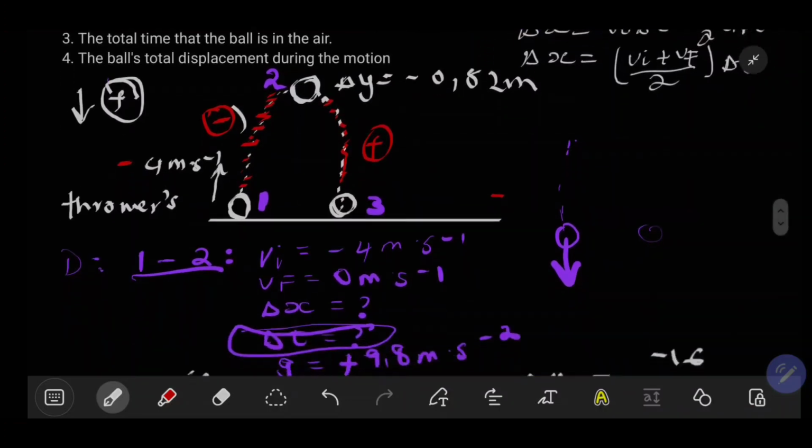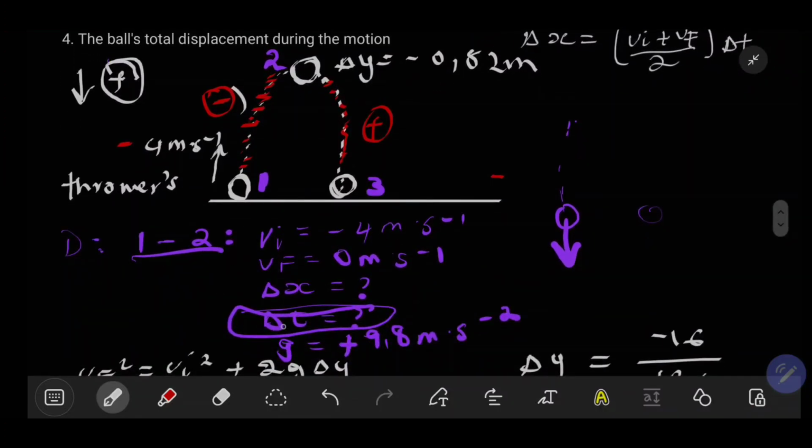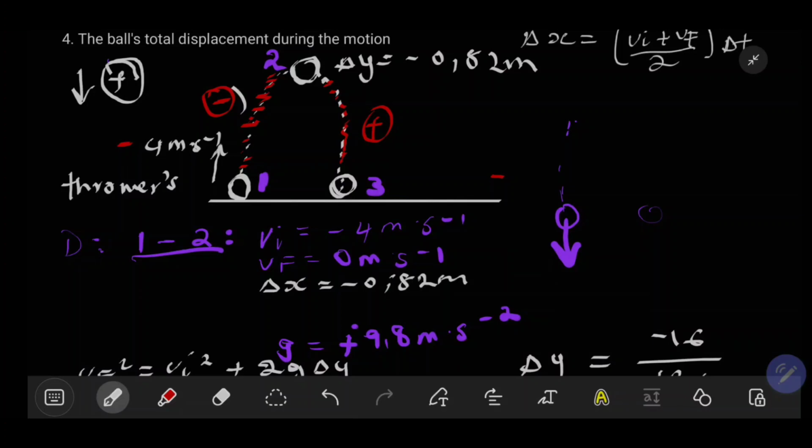So we can use the same information here. We know that our displacement is negative 0.82 meters, and we're looking for the change in time of this motion.